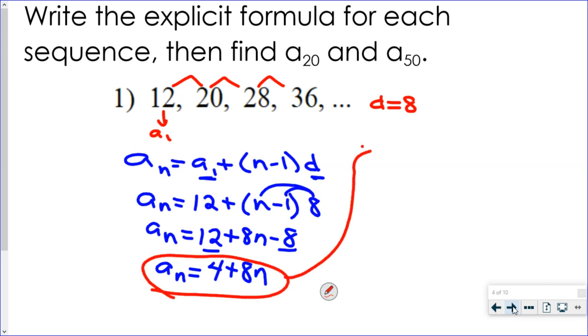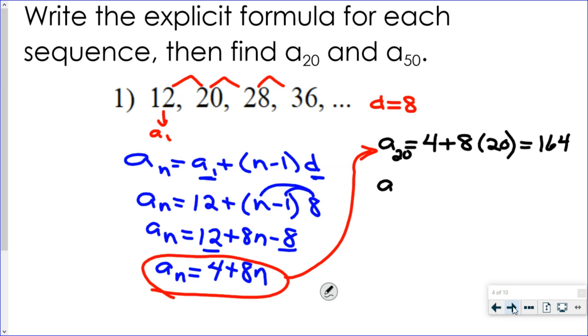Then I use it to find the 20th term. So a sub 20 just means in that formula where I see an n, I put a 20. And this is where you take out your calculator and do 4 plus 8 times 20, and you get 164.